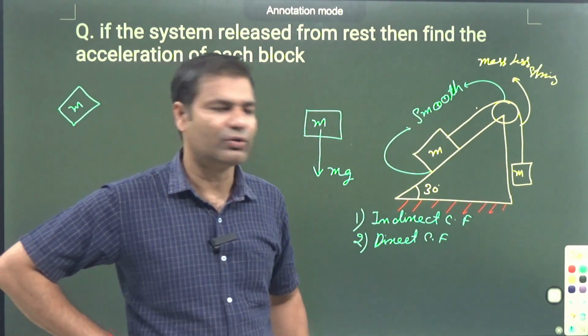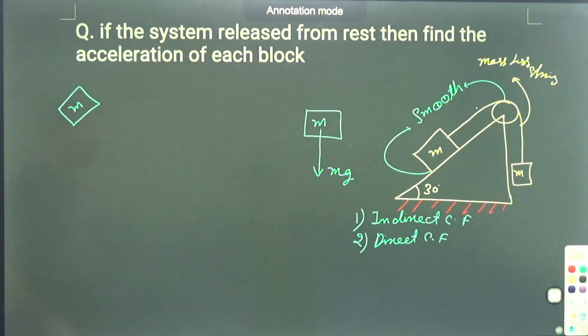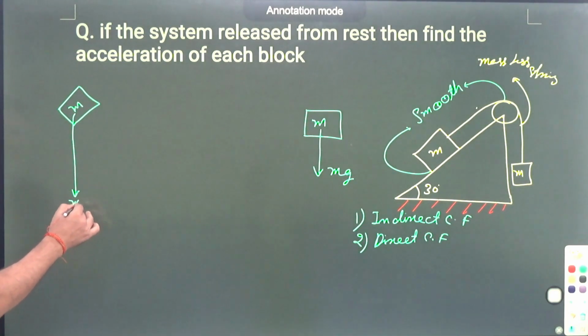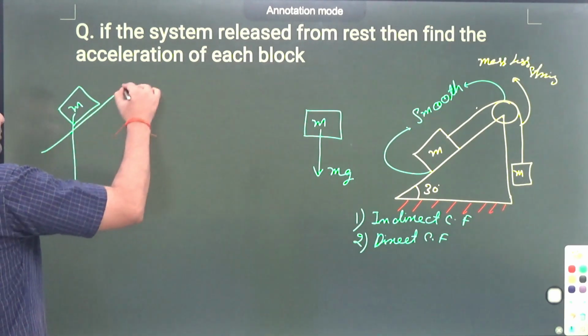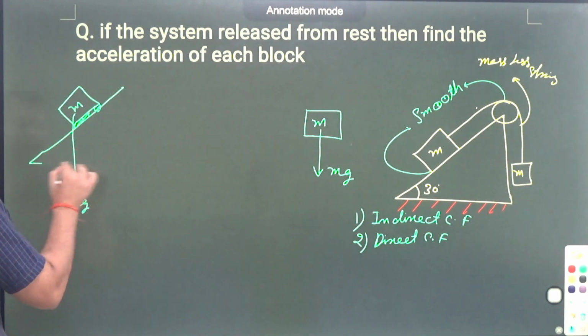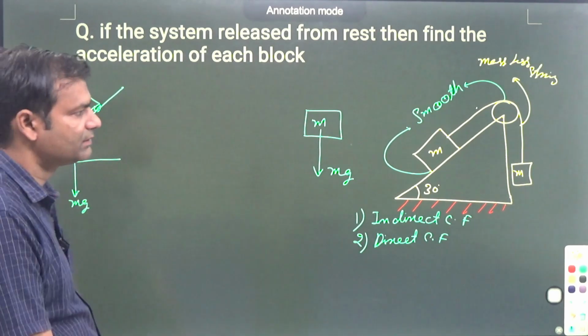In which direction? Downward, so mg represents that. Here mg is also downward, indirect contact force, and that one is a block on an inclined plane, and the angle is 30 degrees. Clear?